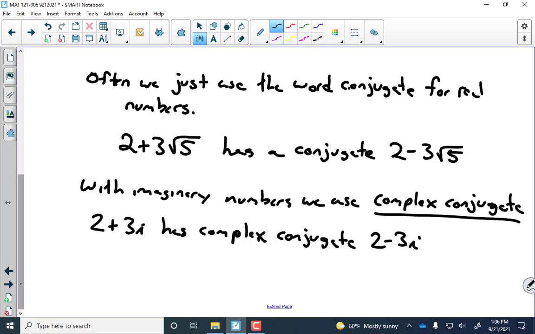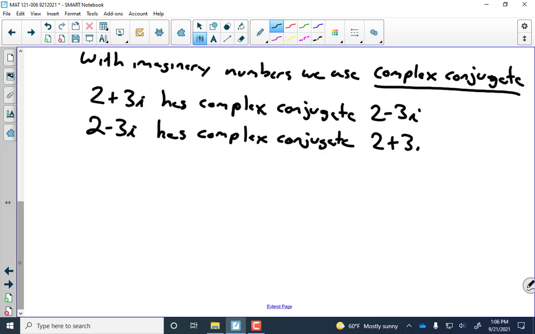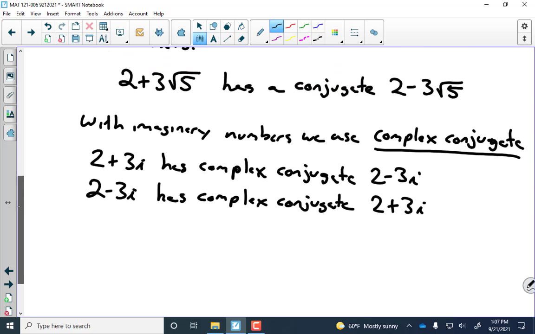And it's not like the one with the plus in it is more important than the one with the minus in it, so it actually works either way. Someone could just as easily say 2 minus 3i has complex conjugate 2 plus 3i. It's not like one of them is the most important and the other one's the complex conjugate. They're complex conjugates of each other. So you don't need to say this one comes first and this one comes second. They just go together.